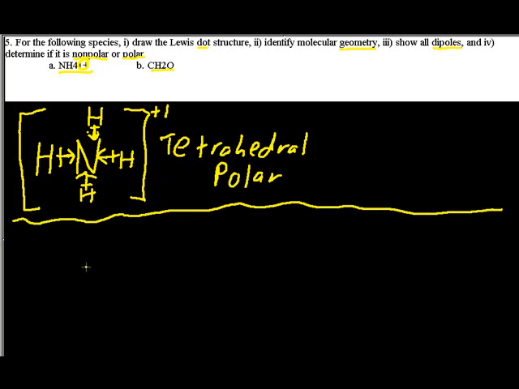Now, how about CH2O? We would put carbon in the middle, and if you take a look at the Lewis dot structure, you have 4 electrons around the carbon.